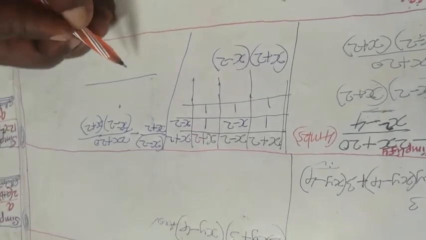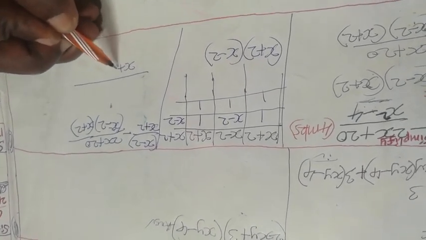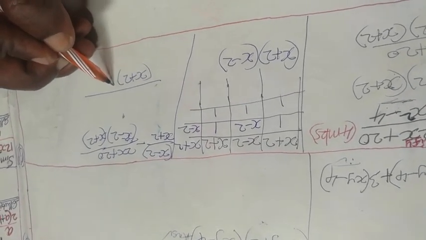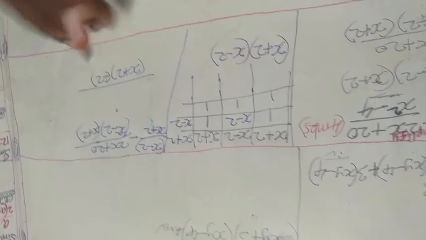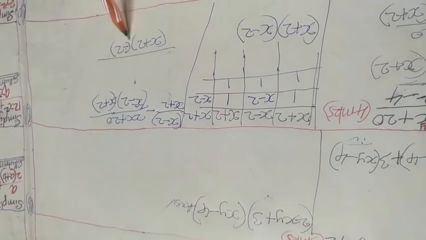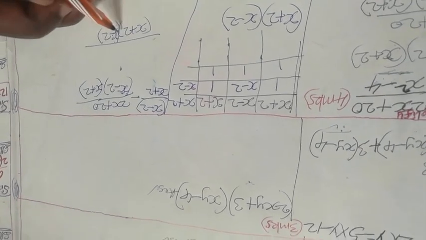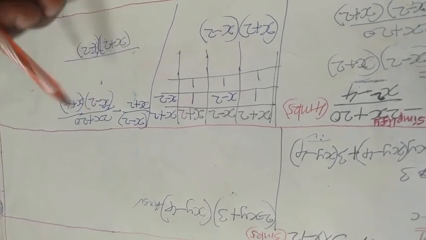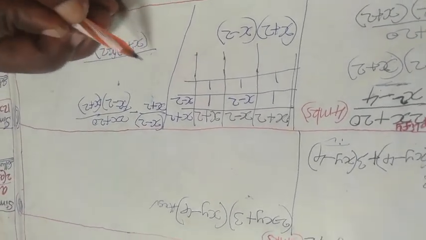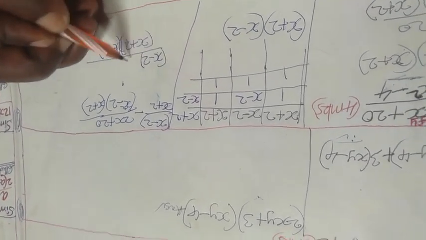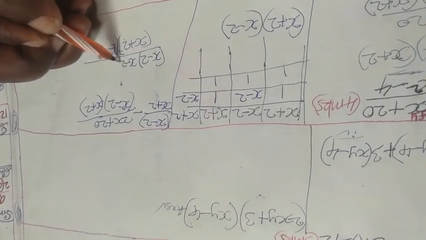Then we divide by the LCM. Our LCM is x plus 2 into brackets x minus 2. If we divide this here, we get x minus 2 into brackets x minus 2.